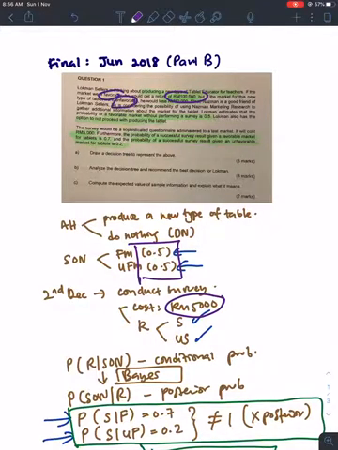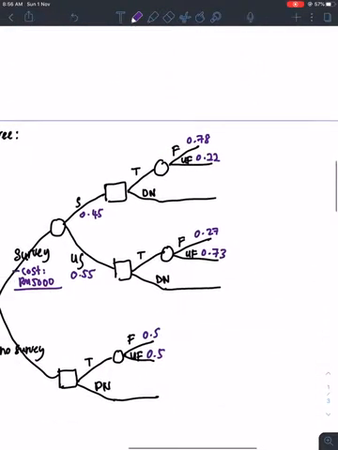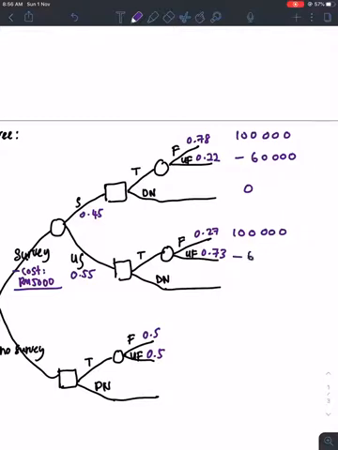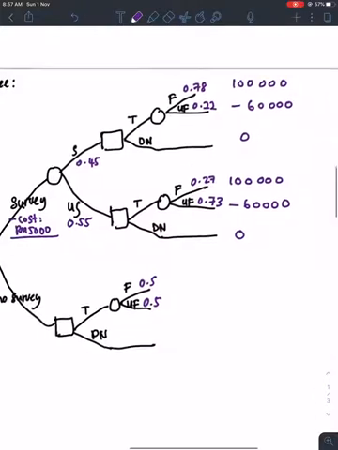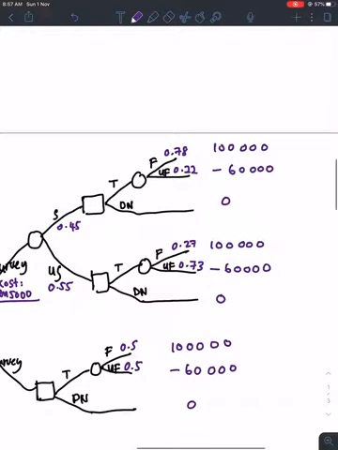If unfavorable, negative 60,000. For do nothing, payoff is 0. Same for the other branches: 100,000, negative 60,000, and for do nothing is 0. Now all are in RM.